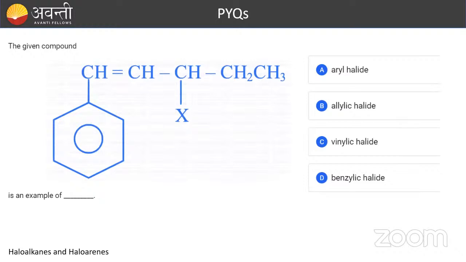So which is the correct answer? This is a question from the classification, nomenclature, and the nature of C-X bond topic, mainly under the classification of compounds. Can you find out the answer? Tell me which option is correct.